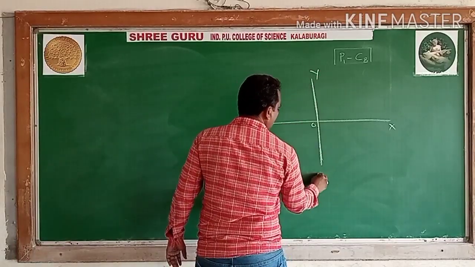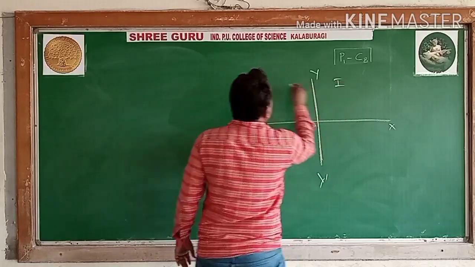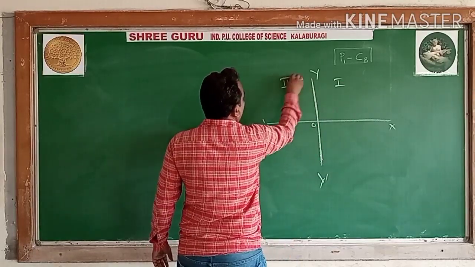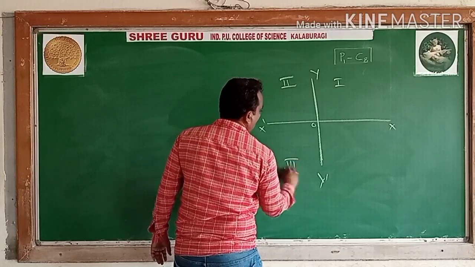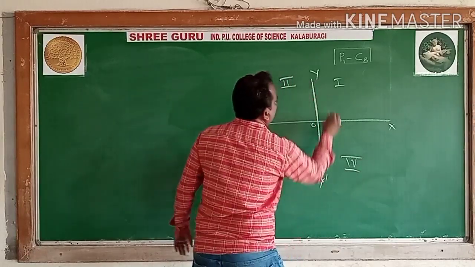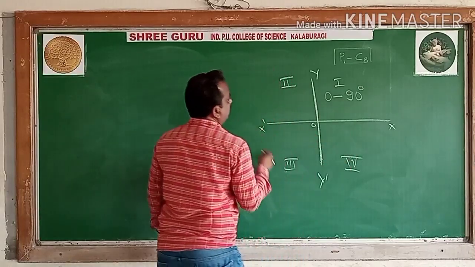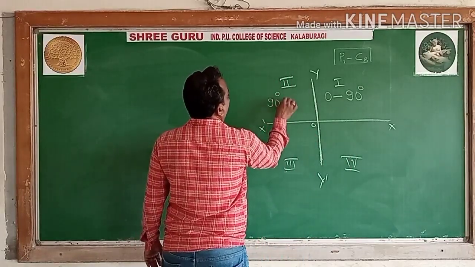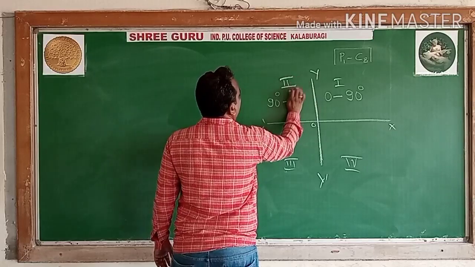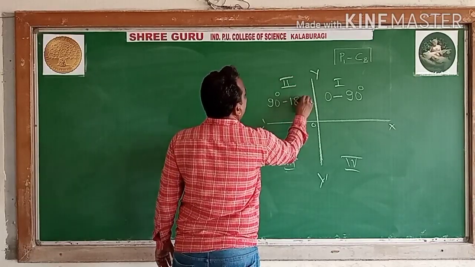First quadrant, second quadrant, third quadrant and fourth quadrant. In the first quadrant all angles lie between 0 to 90 degrees. In the second quadrant all angles lie between 90 to 180 degrees.